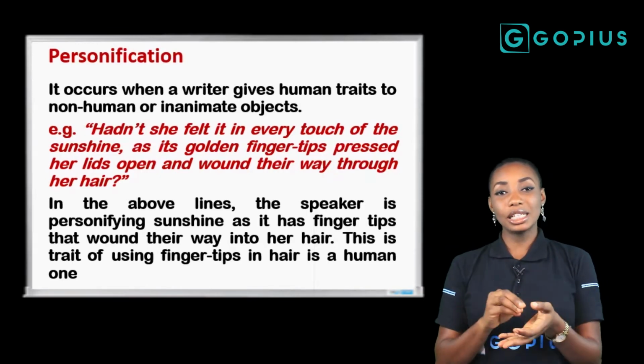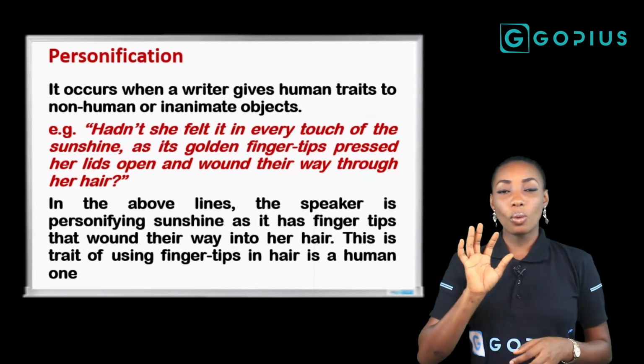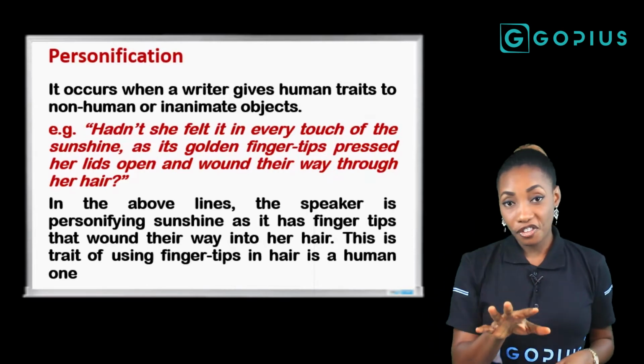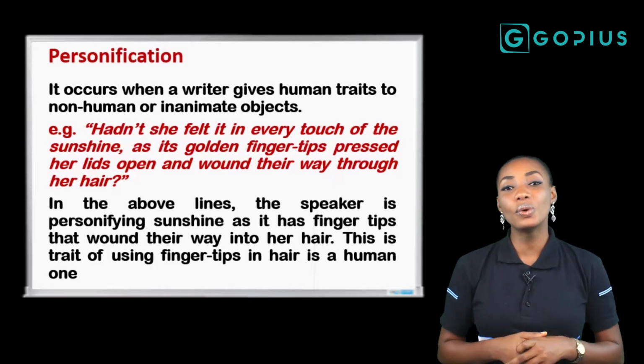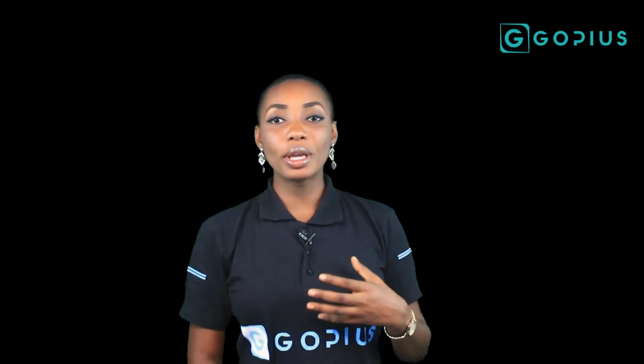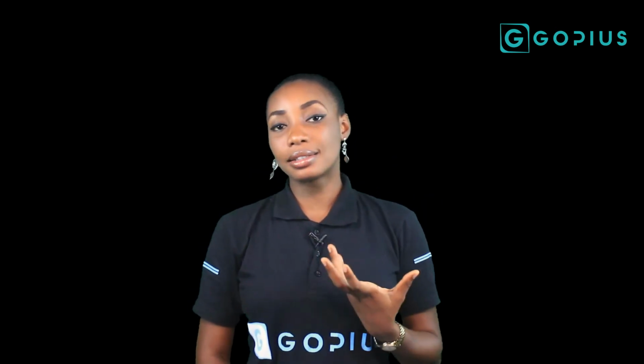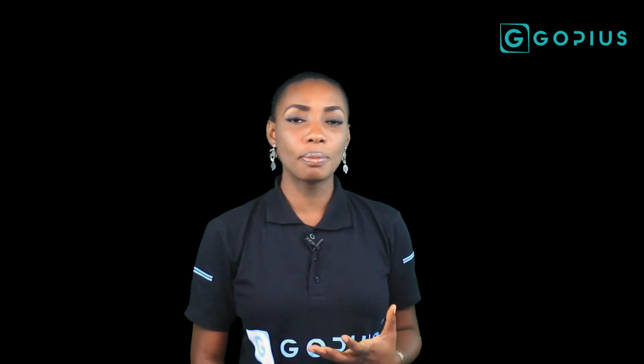The sunshine was able to use the fingertips to comb through the hair of the lady who was sleeping, and also touch the eyelids of the lady to open her eyes, performing lots of human actions that the sun cannot perform on a normal day.